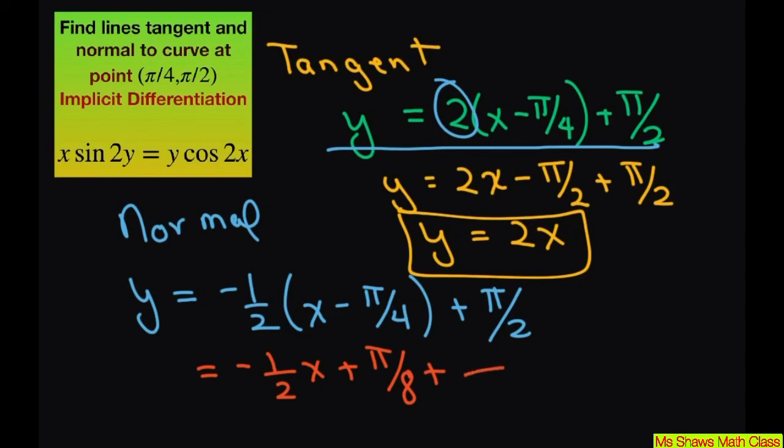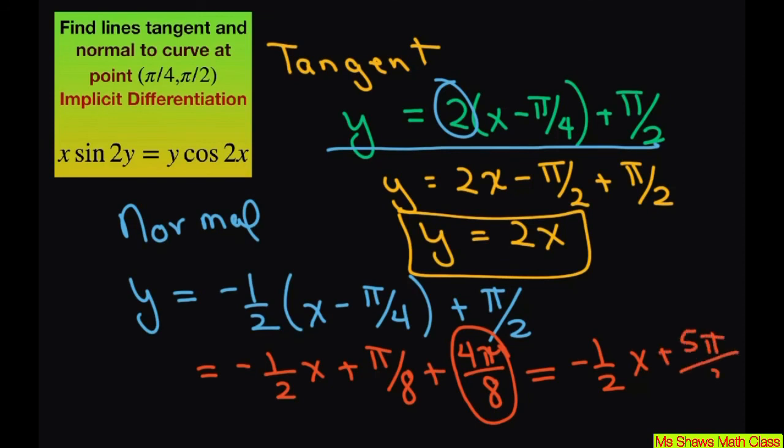If this was an 8, then this has to be a 4, which will give me the pi divided by 2. So this equals negative 1/2 x plus 5 pi divided by 8. That is y equals, and this is your normal. That's an 8.